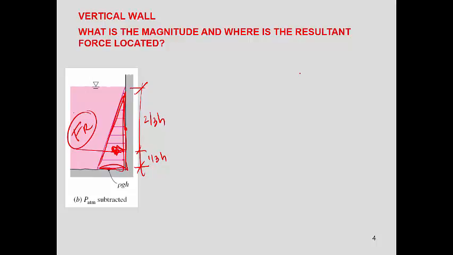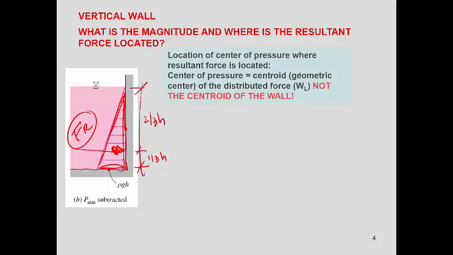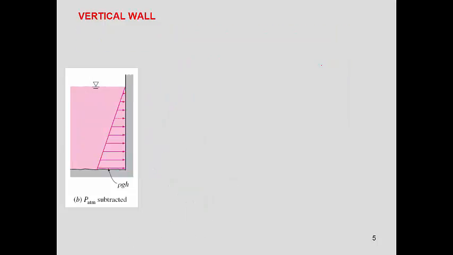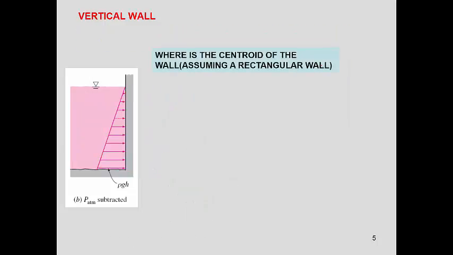Okay, so the location of the center of pressure is this, and this is yp. And that is not the same as the centroid of the wall. You look at the centroid of the distributed pressure. Okay? So this is for a triangular distribution. What is the magnitude, and where is the centroid of the wall, is a different story, right? And the location of the center of pressure is different.